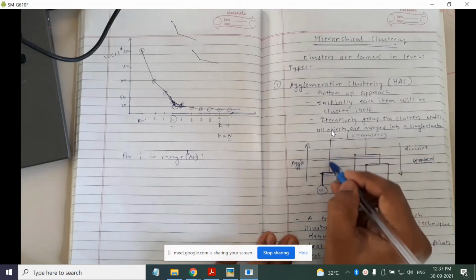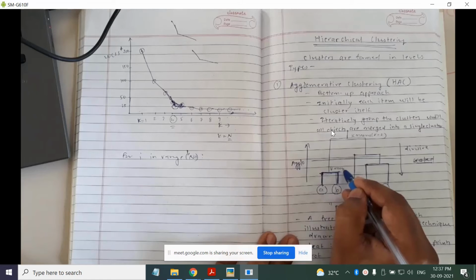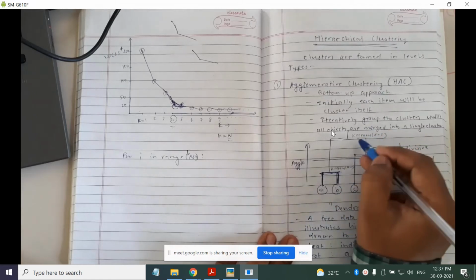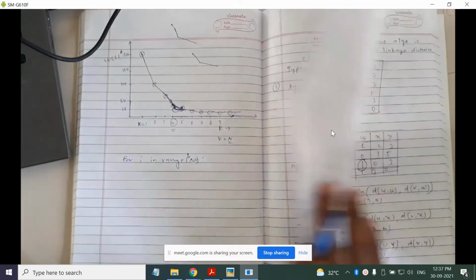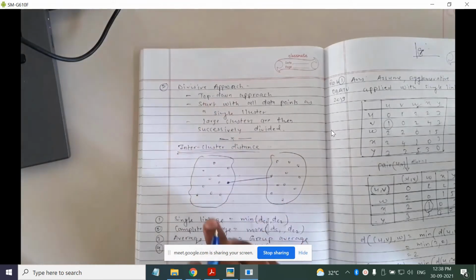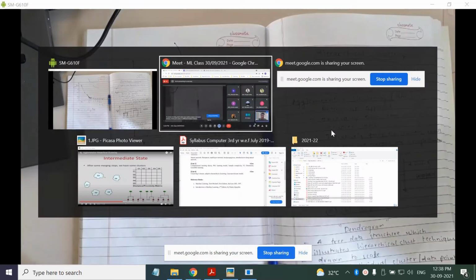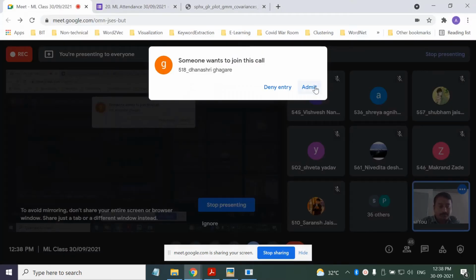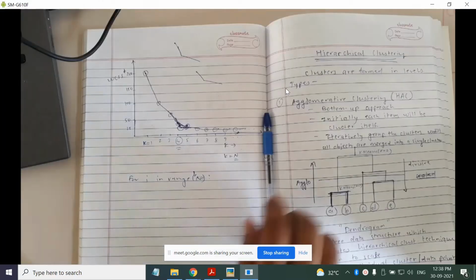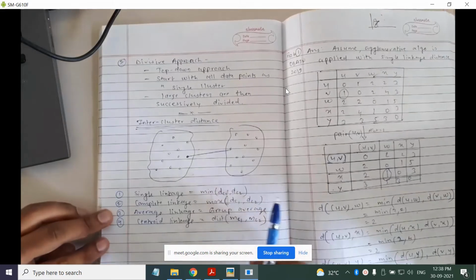If I want to split this branch into two, again I will call k-means with k equals 2. So internally I can make use of k-means in case of a divisive, top down approach. If I want to split the given cluster into 3, call k-means with k equals 3. So that is about the agglomerative and divisive approaches.